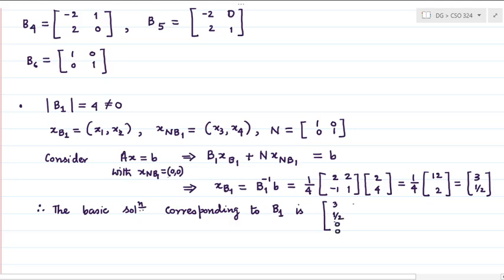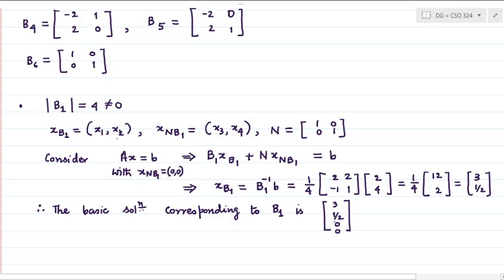and 0. So you are setting the non-basic variables. The variables which are associated to the basic columns, that means to the columns of B1, are called basic variables, and the variables which are not associated to the columns of B1 are called non-basic variables.